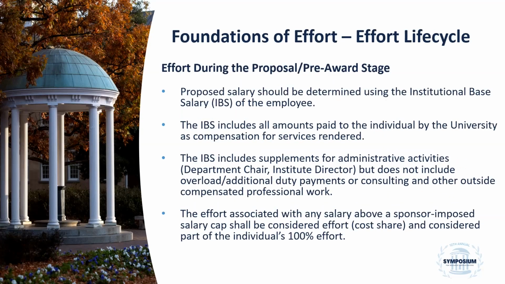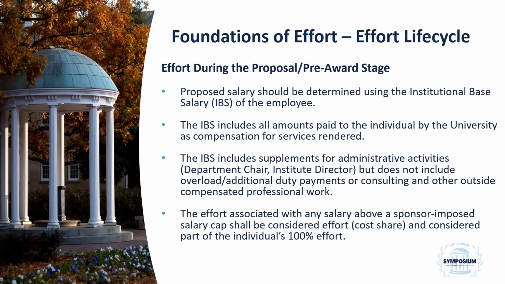Now, how do we propose salary during that pre-award stage? Again, as in our example, we're using that institutional base salary as the starting point for calculating effort and proposing salary. The IBS includes all amounts paid to that individual by the university. So as in the example, it includes supplements for administrative activities.